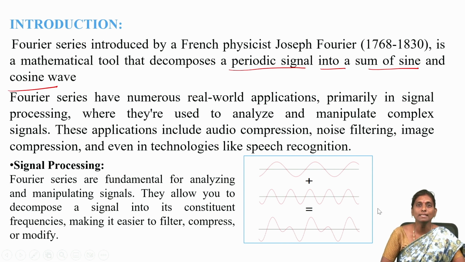Mainly, if it is a periodic function, or periodic waveform, or periodic signal, decomposed into sine and cosine waves, you use Fourier series. If your function is a non-periodic function, for that you can go for Fourier transforms.